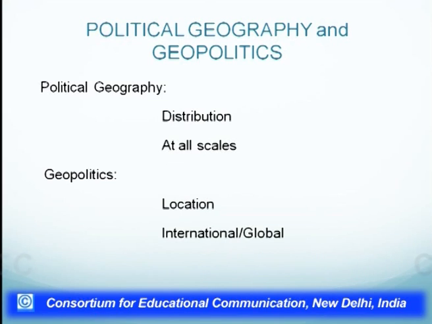We most of the time conflate political geography with conducting international relations, but there is a major difference. Political geography can be at any scale, and first of all it is the larger canvas for international relations. Political geography is the larger field within which the subfield of geopolitics is located.